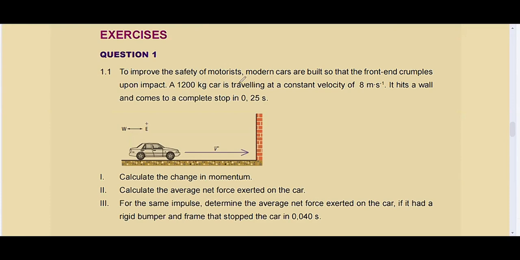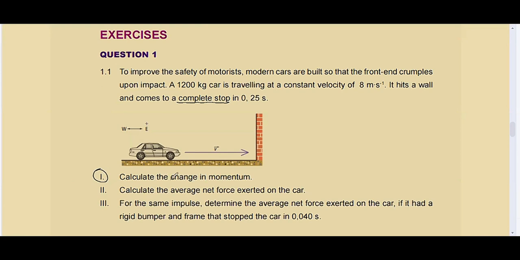A 1,200 kg car is traveling at a constant velocity of 8 meters per second. It hits a wall and comes to a complete stop. So read that it comes to a complete stop, meaning that at this point, the velocity is equal to 0.